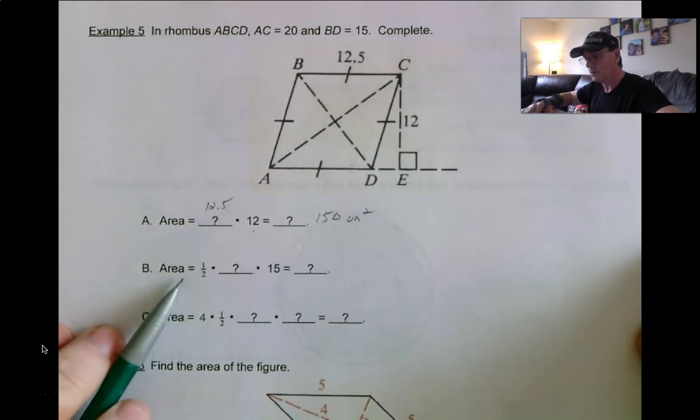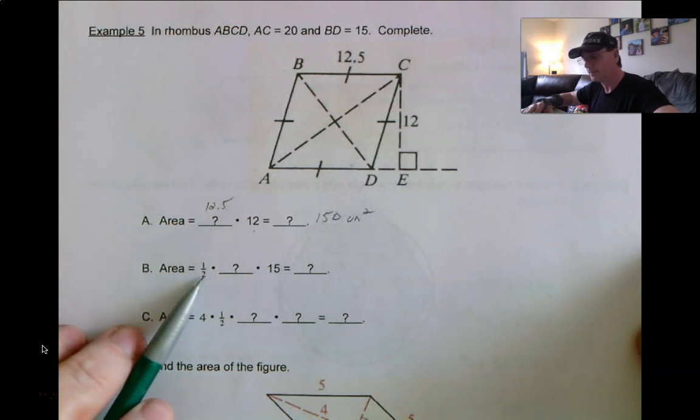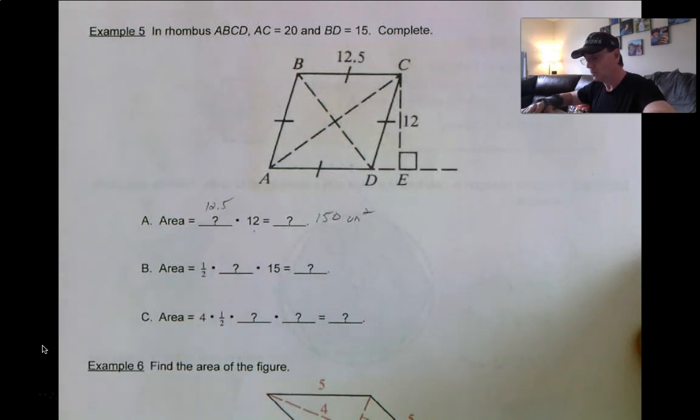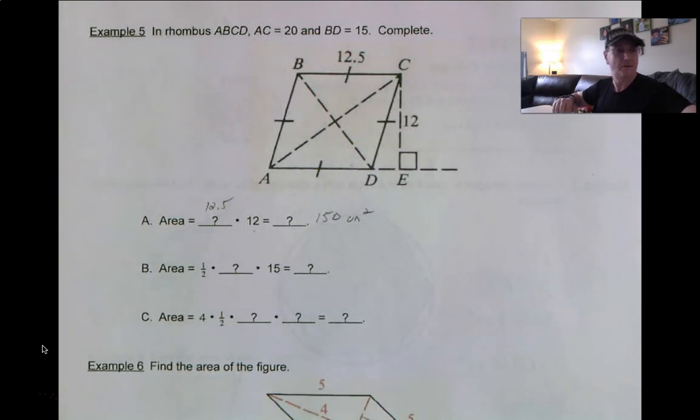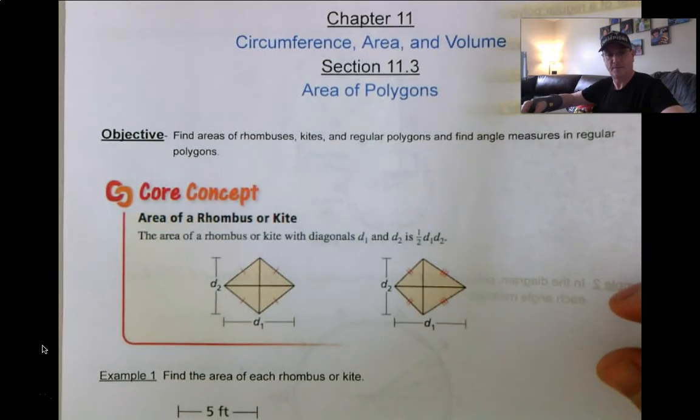Okay. We want to find the area using a slightly different formula. We're going to go 1/2 diagonal 1 times diagonal 2. This formula is from the beginning of the unit.